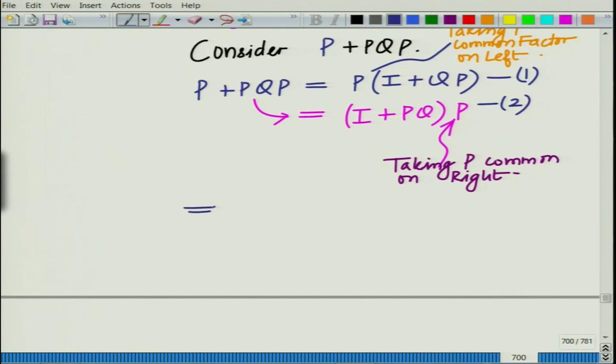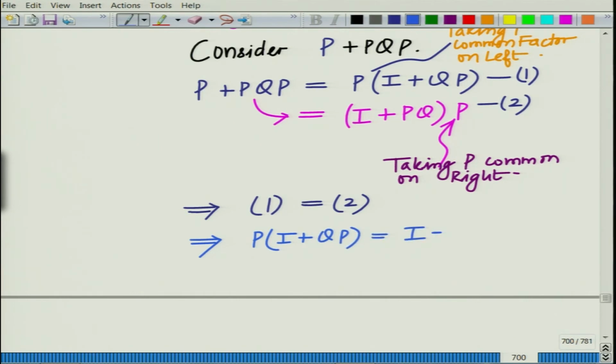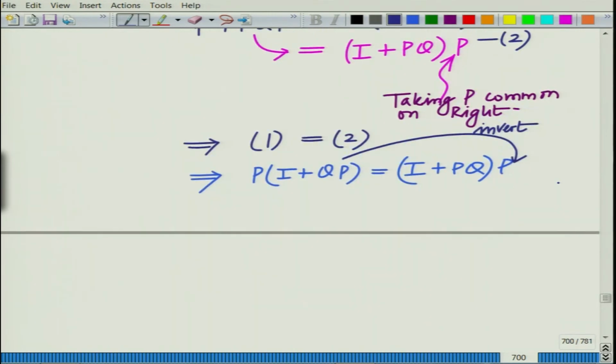So 1 equals 2, which implies that P into I plus QP equals I plus PQ into P. Now, invert and take this over here, that is, multiply by I plus QP inverse on the right on both sides and I plus PQ inverse on the left.